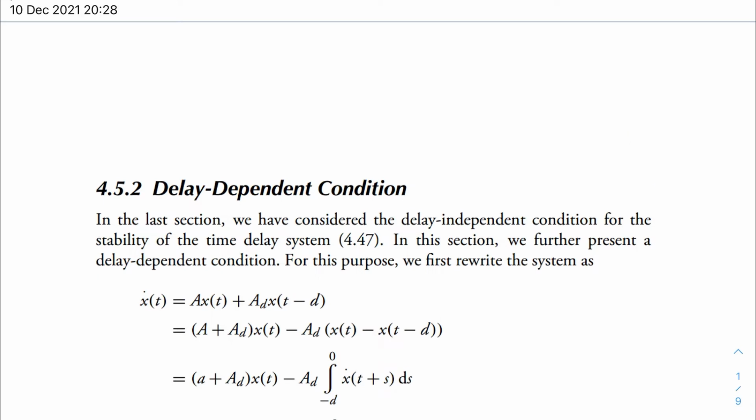By the way, before that, quick reminder: Duan and Yu, LMIs in Control Systems Design, right? This is the book that I use for anything that is related to LMIs in control.